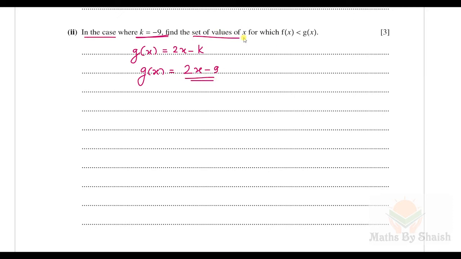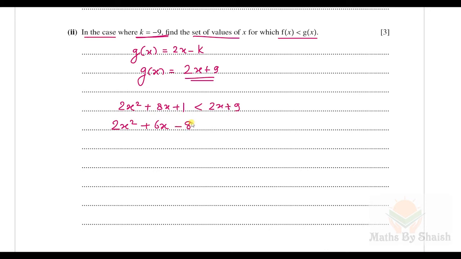So we'll write f(x) is less than g(x), that is 2x squared plus 8x plus 1 less than 2x plus 9, or we'll make the quadratic inequality. It is 2x squared plus 6x plus 1 minus 9, that is minus 8, less than 0.